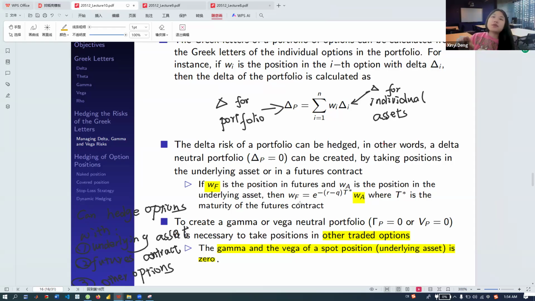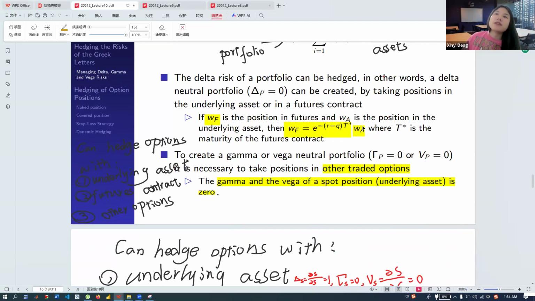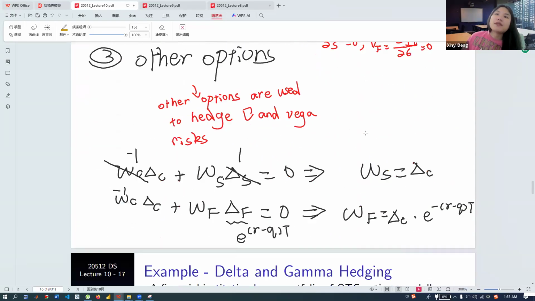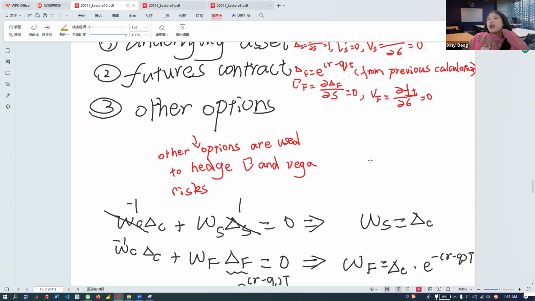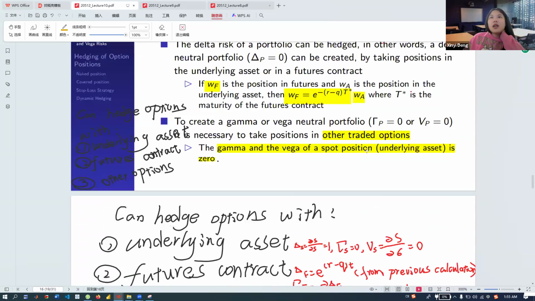Those two positions have this relationship: w_F is equal to e to the power of minus (r minus q) times T, times w_A.